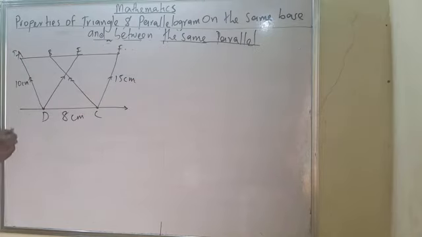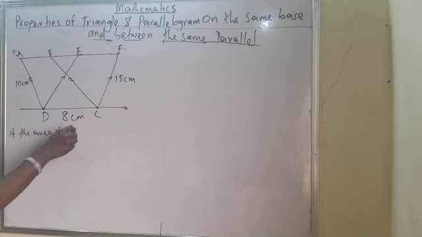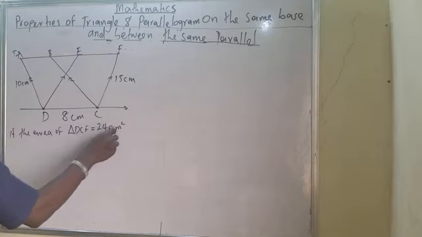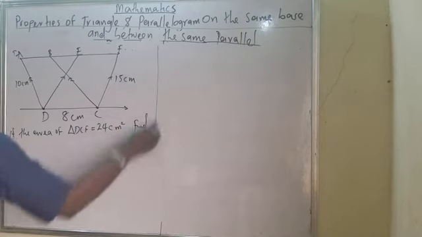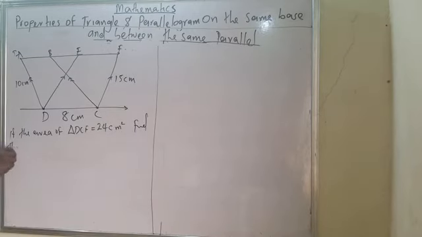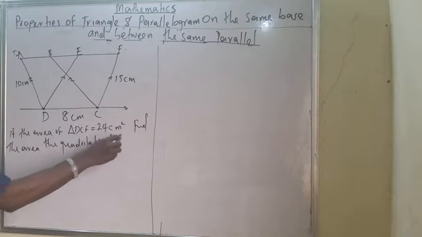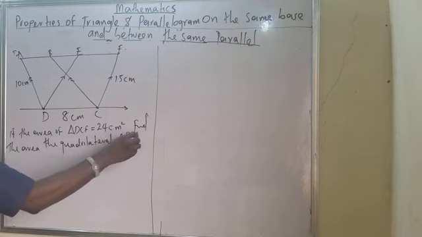Now, if the area of triangle DCF equals 24 centimeters squared, find the area of quadrilateral ABCD.